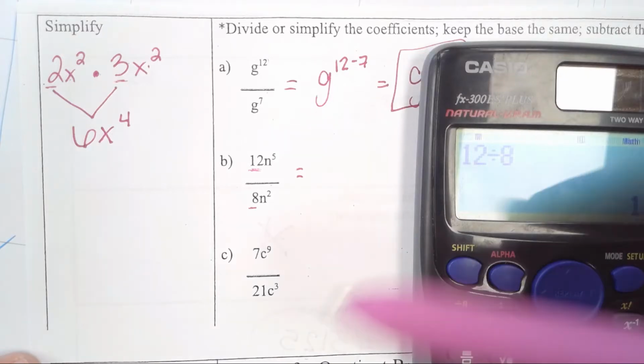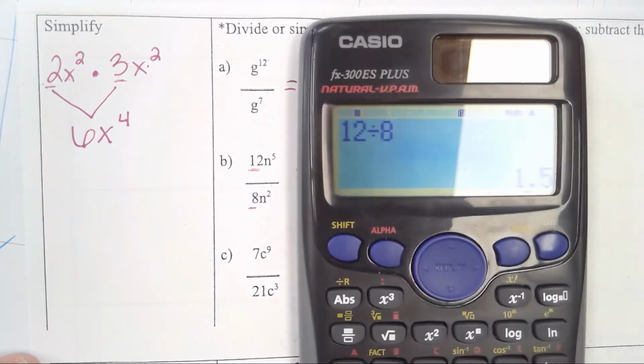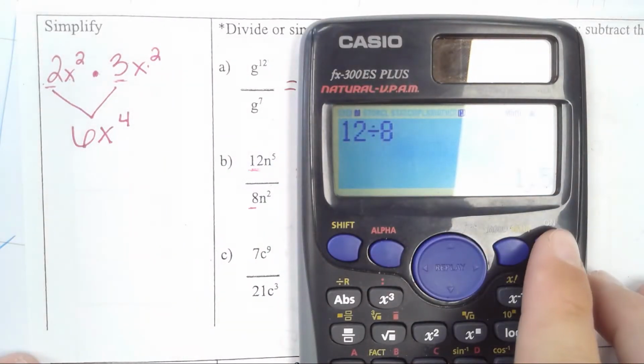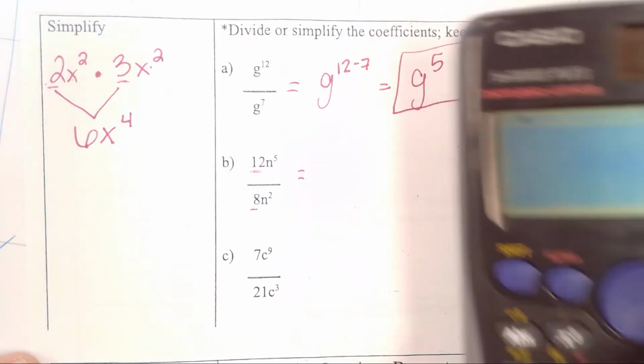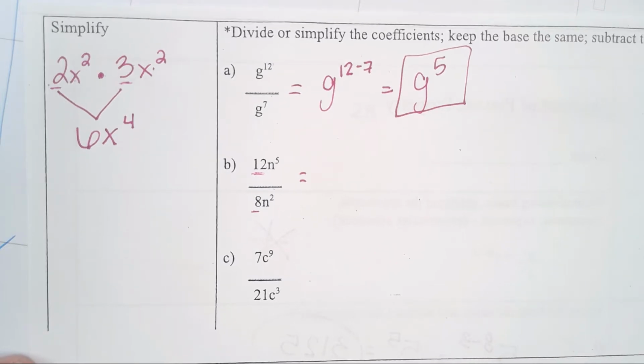If you cannot divide your coefficients into a whole number, like if I were to take 12 divided by 8, I got 1.5. You do not want to put the decimal in your answer.